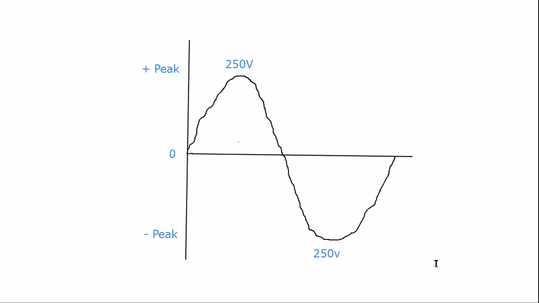So if you have central AC or anything that uses high voltage, the highest voltage you could get in your house right now is 250 volts.